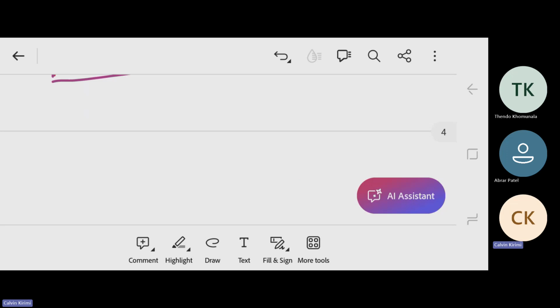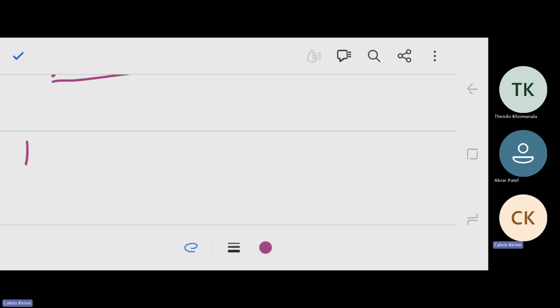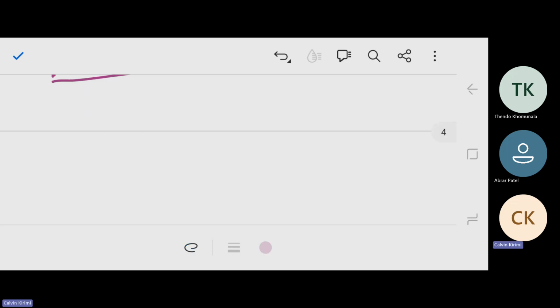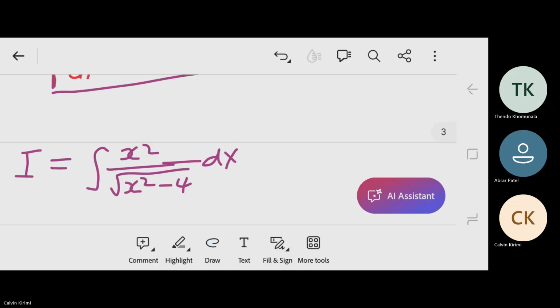Right. So our integral I, remember, is equal to the integral of x squared over the square root of x squared minus 4 dx. That was our original equation. Then we substituted the values.